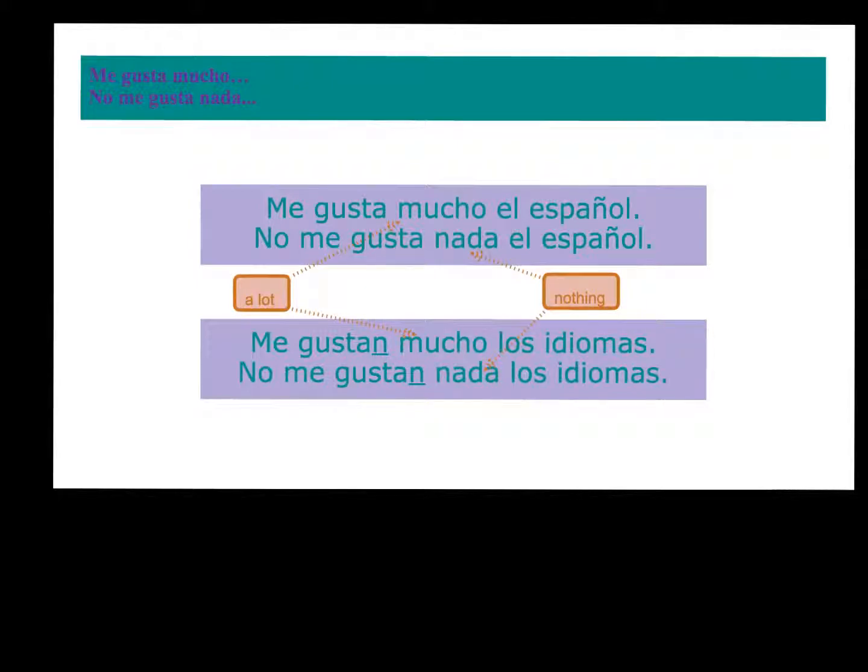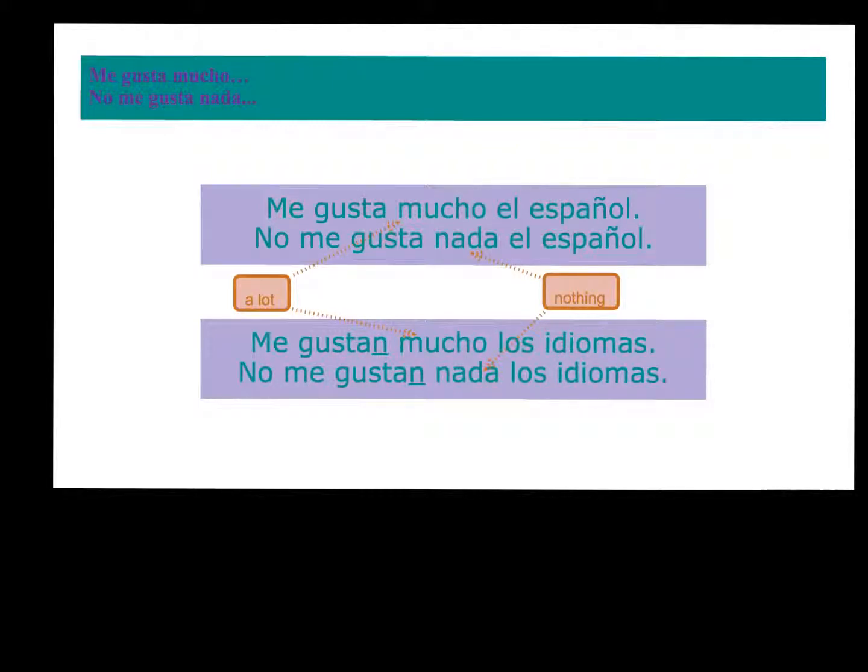I can also use the word nada, which is literally nothing, but here means not at all. I use that after the negative statement, no me gusta, to change it from the simple statement, I don't like Spanish, no me gusta el español, to I don't like Spanish at all, no me gusta nada el español.